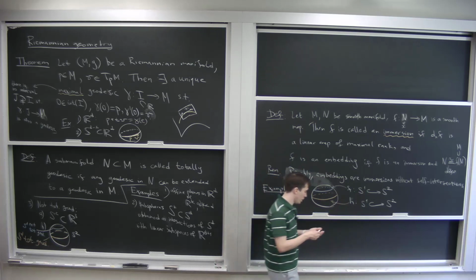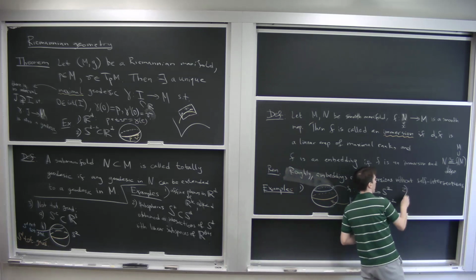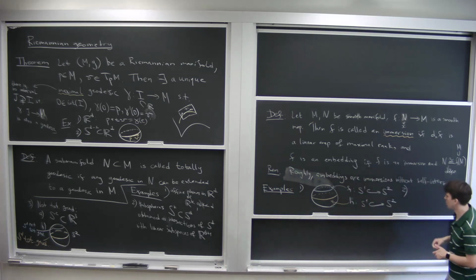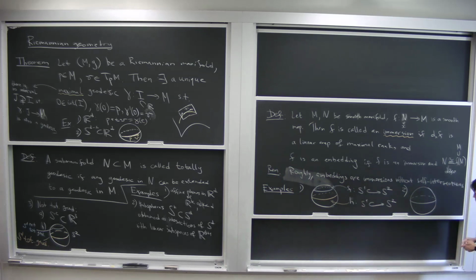But one can take something weird here. Let me try to just draw some random curve, with a self-intersection here, right?